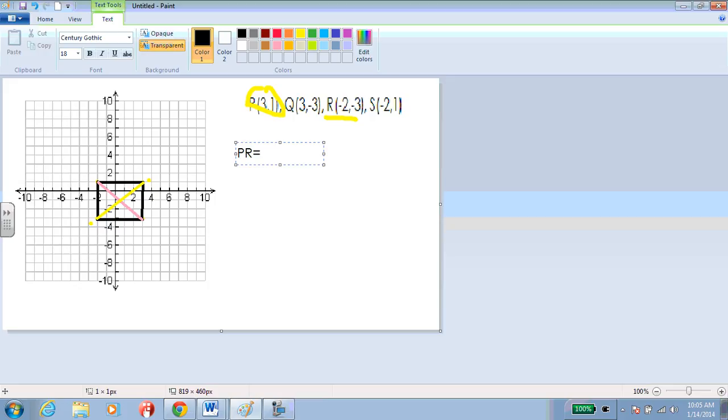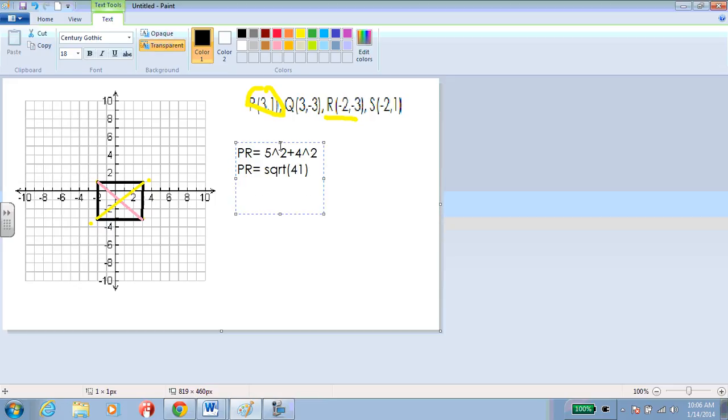So 5 squared plus the distance between 1 and -3 is 4. So 4 squared. 5 squared is 25 plus 4 squared is 16 is 41. So the length of PR will be the square root of 41.